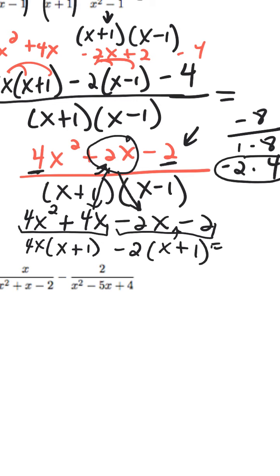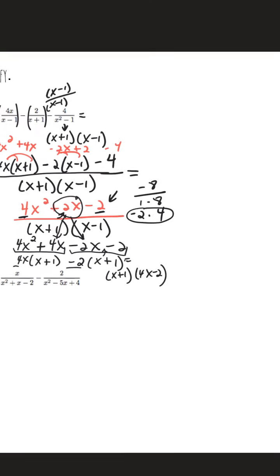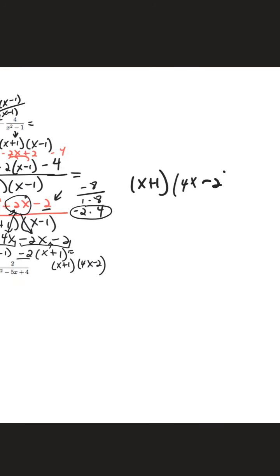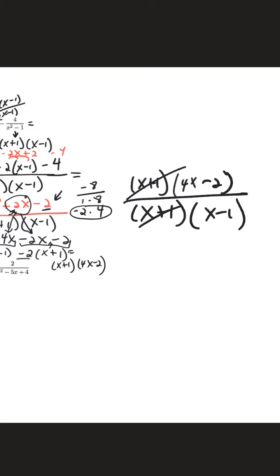The reason I'm doing this, though, is because I want to pull out my x plus 1, and then my other factor is 4x minus 2. That being said, I will have x plus 1 times 4x plus minus 2 over my original denominator, which is x plus 1, x minus 1, and I can go ahead and cancel these.